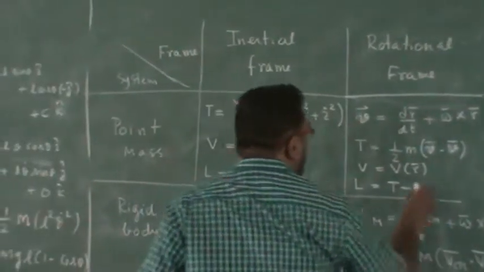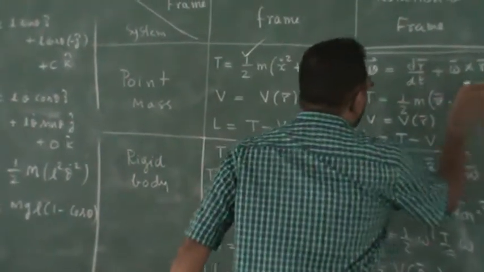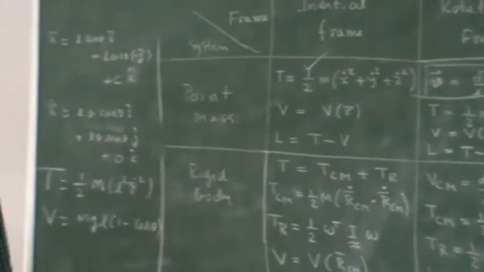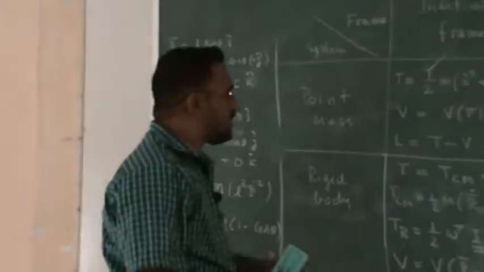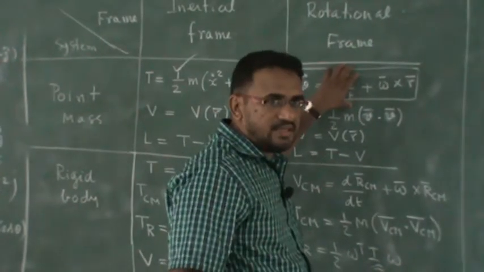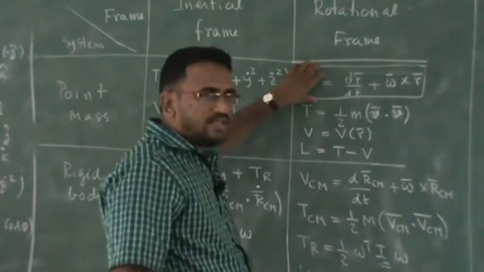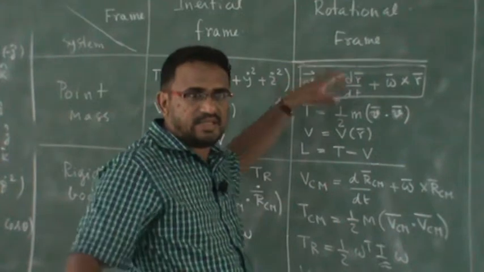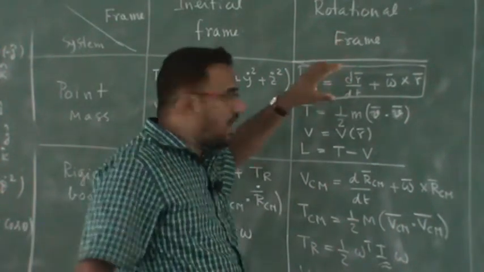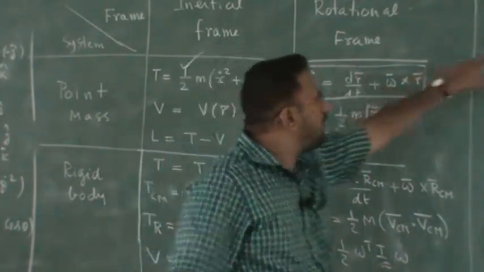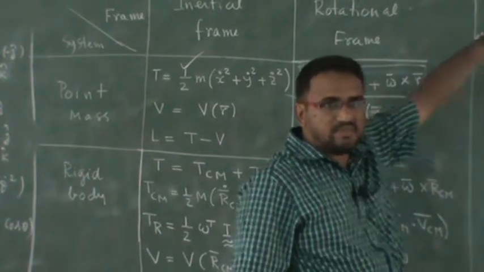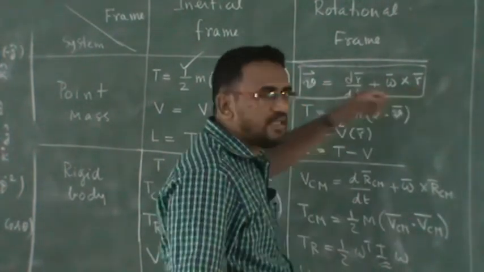Then I have to use this formula to compute the velocity. This is the body-centered axis, the frame in rotation, and this is the space-centered axis, the inertial frame. This is the omega with which the frame is rotating, and this is the position vector.